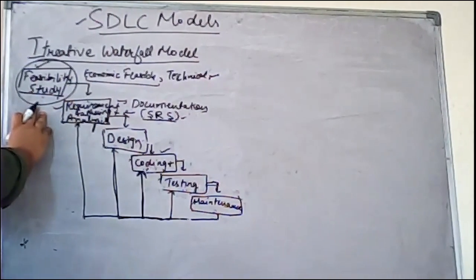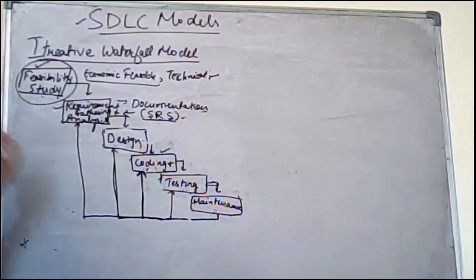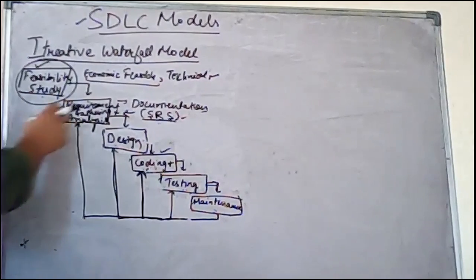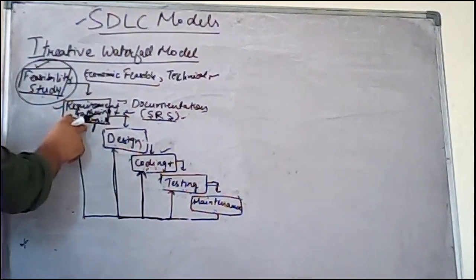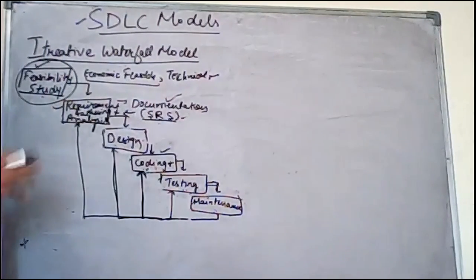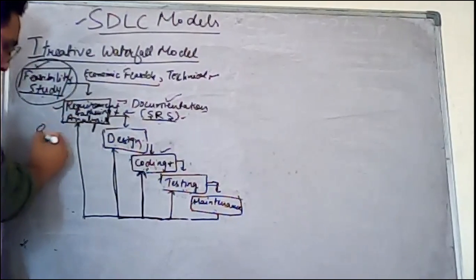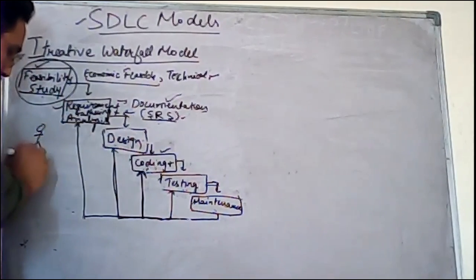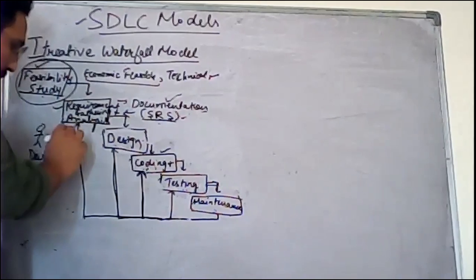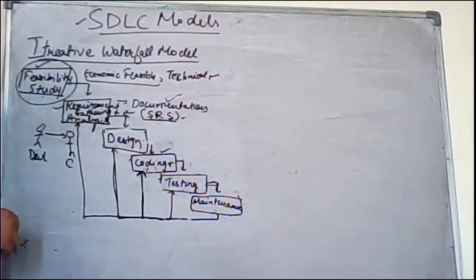Because in feasibility, I have to check as the team manager. But in requirement gathering and analysis, we have created documentation, which means a commitment should be made between the developer, as the manager, and the customer. Here I am the developer and I have made a commitment with a customer.